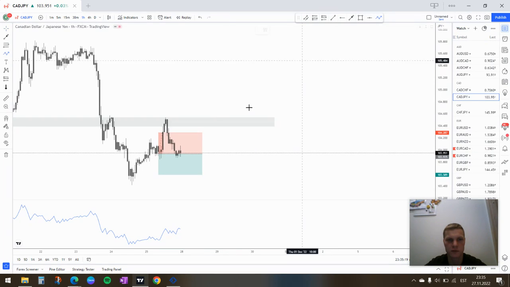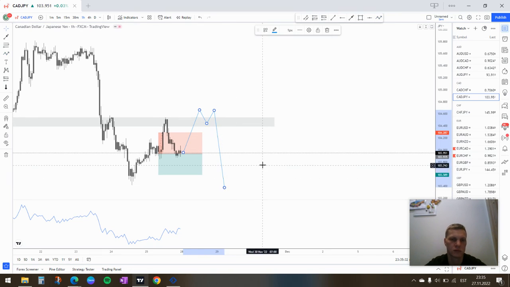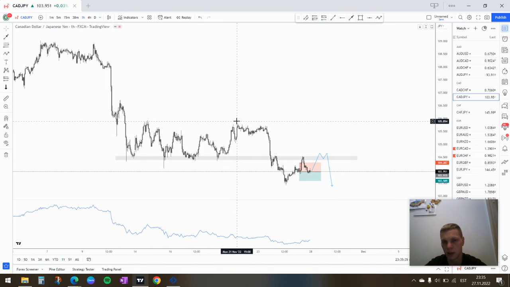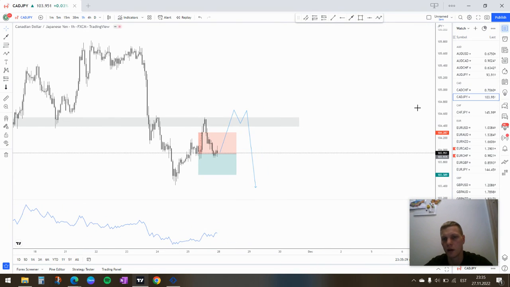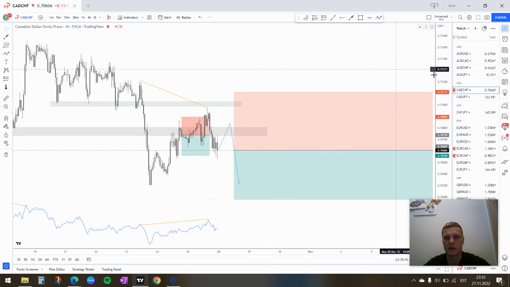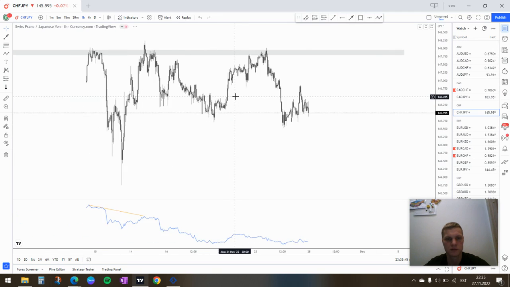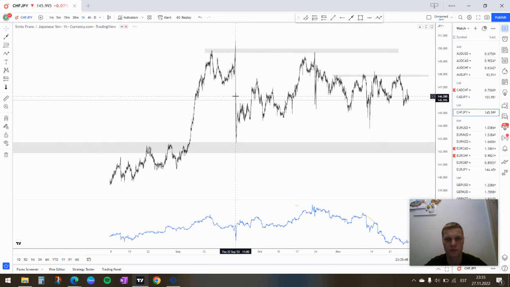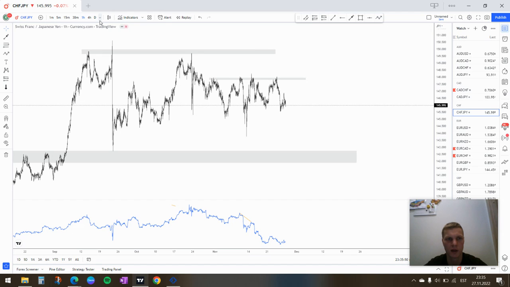So if price could come back up here a bit, something like that maybe, but it's unlikely. I think it's gonna drop from there. So CAD JPY is more likely to bounce from there to the downside.